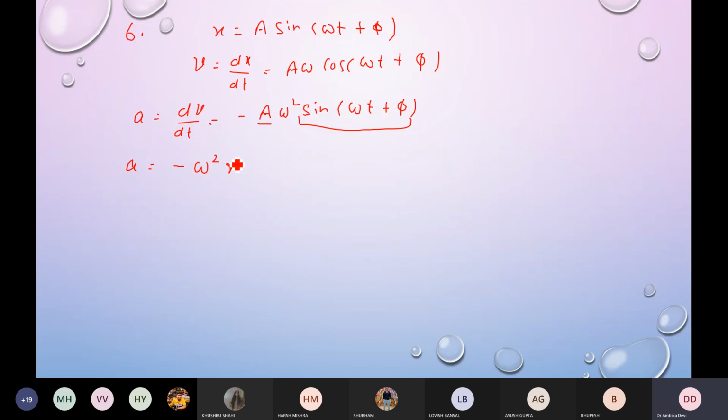Now for maximum acceleration, see, this minus sign gives you just a direction. It means that acceleration is acting in the opposite direction to that of the displacement, right? So for a maximum acceleration, x is equal to a, that is the extreme position.